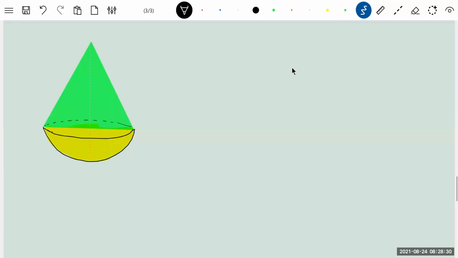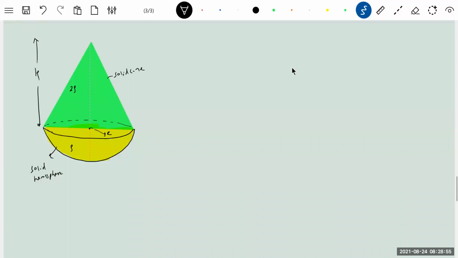So this is the solid cone and this is the solid hemisphere. The density of this is 2 rho. The density of this is rho. The radius of this is r and h is the height.